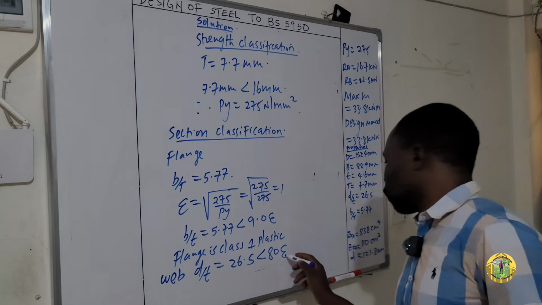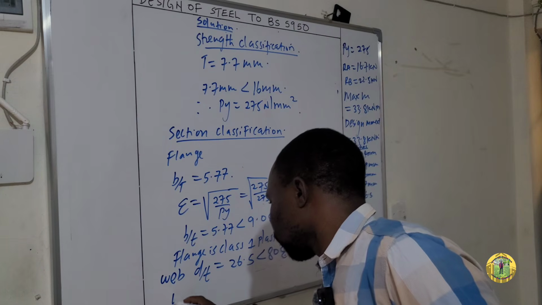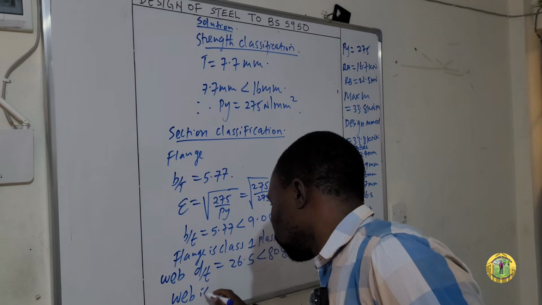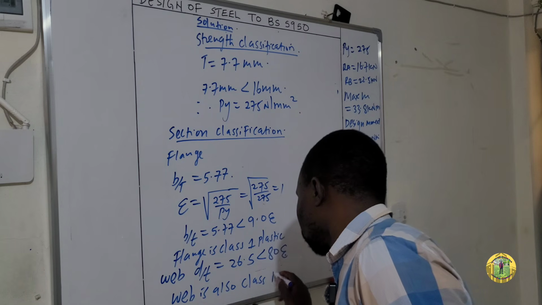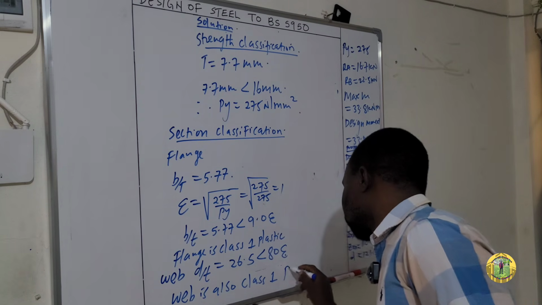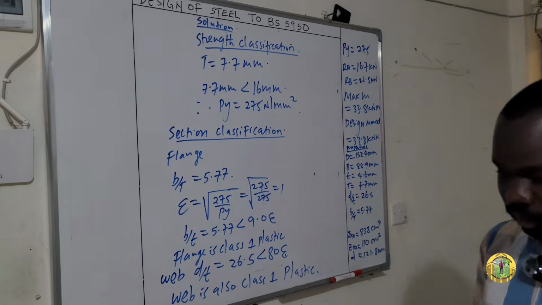If you substitute e by 1, it will remain 80. Therefore, the web is also class 1 plastic, like that.